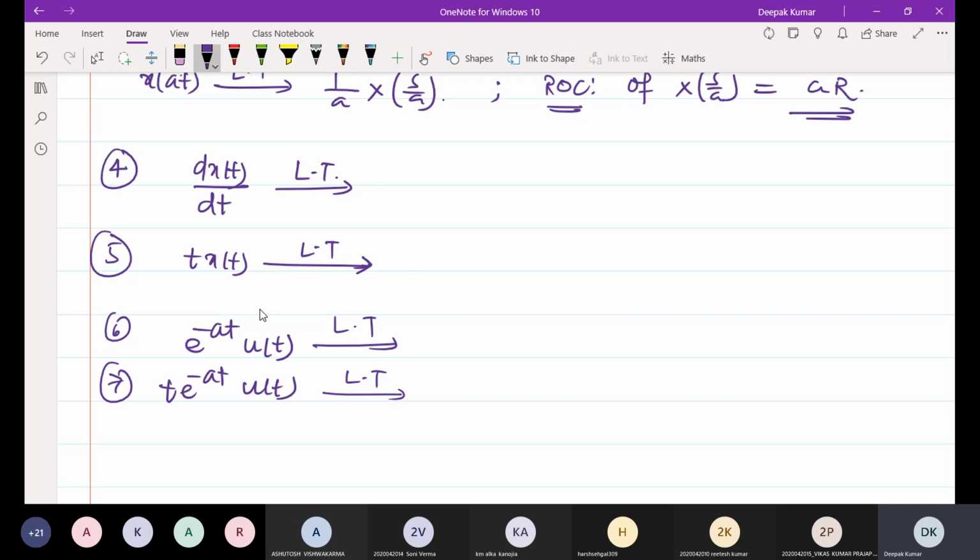If you know the basic signal transformation from time to s domain, then you can use the properties of the Laplace transform to find other different types of examples. Either you go through the conventional approach, where you have to solve a lengthy integration, or directly you can use the property.